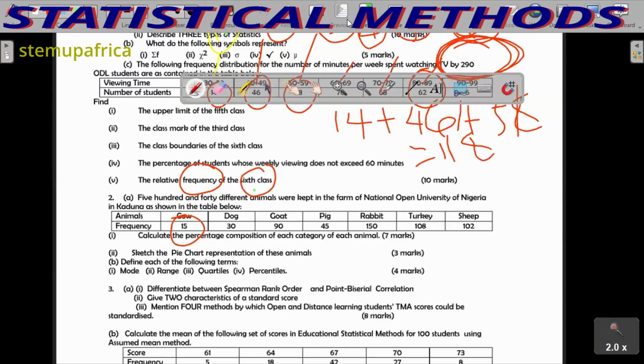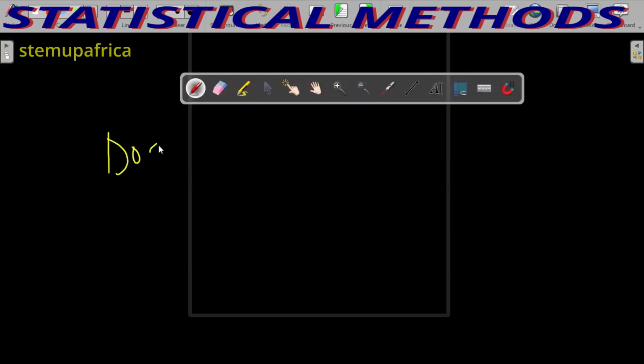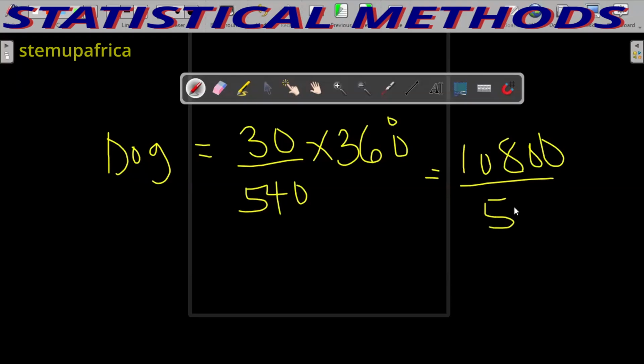So the next one is dog. How do you calculate the sector for dog? The same procedure. The number of dogs is 30 over total animals 540 times the sector angle, which is 360. If I multiply 30 times 360, that will give us 10,800 divided by 540.